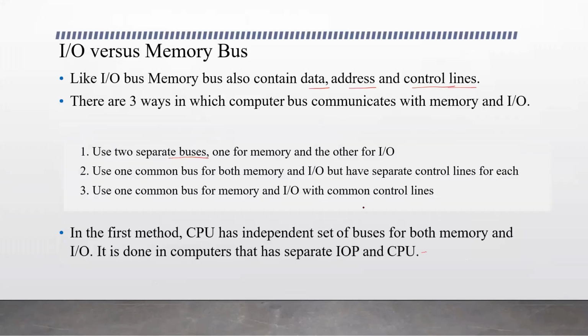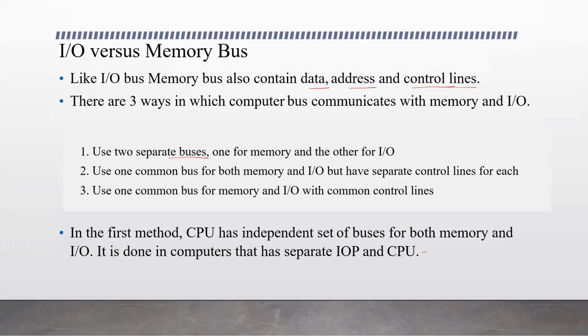And the different I/O commands, and I/O versus memory bus, the different configurations. The first method uses two separate buses, one for memory and the other for I/O. It is done in computers that separately have an input-output processor and a central processing unit.